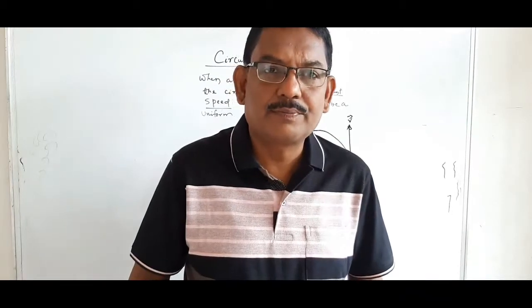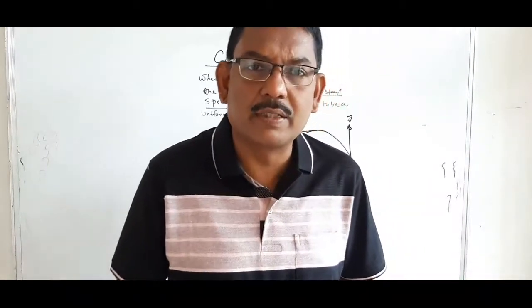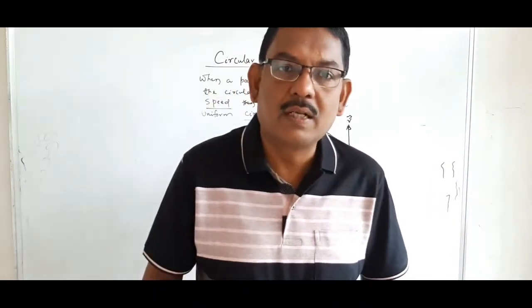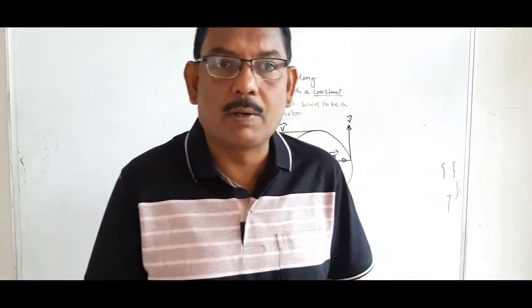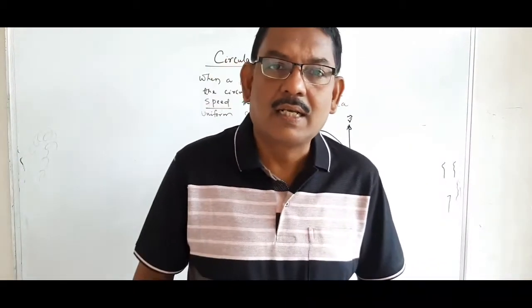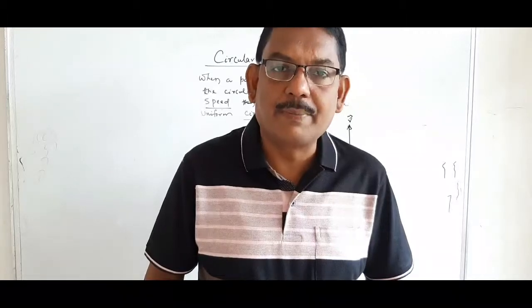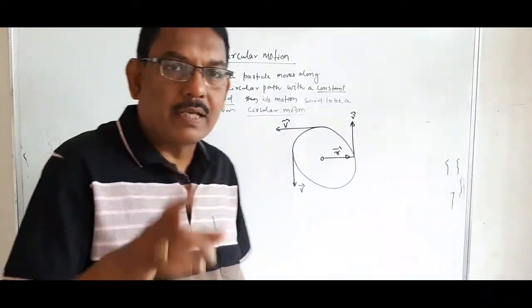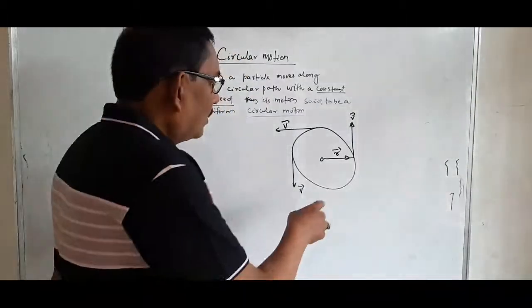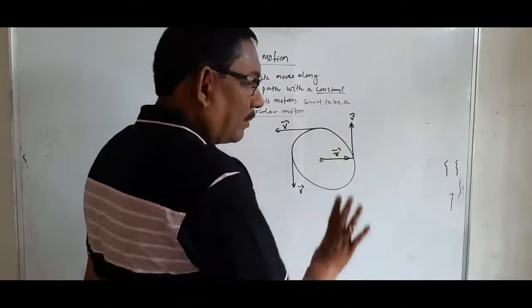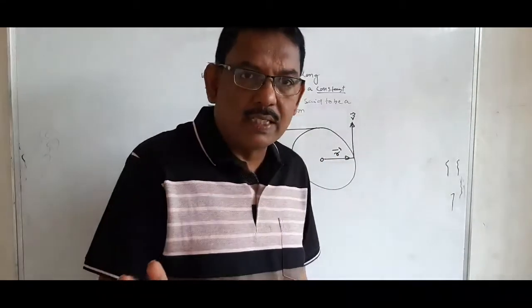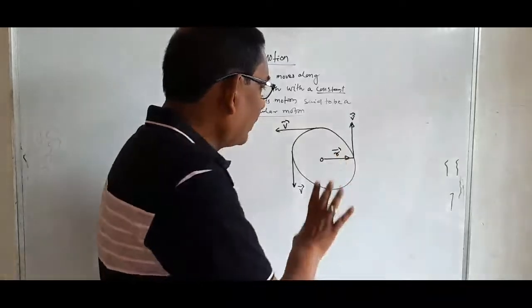Now we discuss what is angular velocity, what is angular displacement, what is angular acceleration. One by one we discuss. Then we discuss the centripetal acceleration and centripetal force. During uniform circular motion, the speed of the particle remains constant, but the velocity changes at every point.